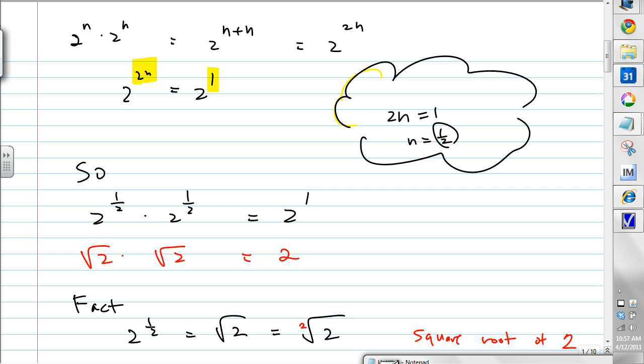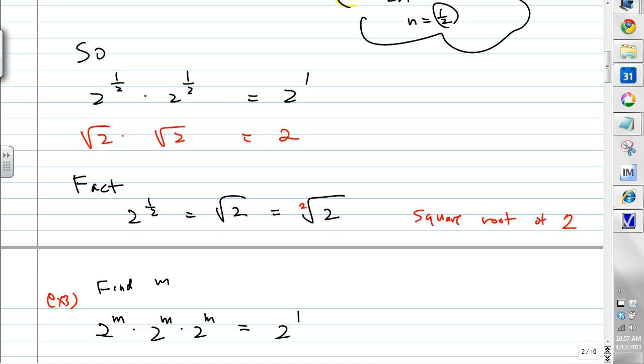Okay, go ahead and try example 3. Now this is kind of similar to what we just did. Instead of 2 factors, I have 3. 2 to the m, 2 to the m, 2 to the m equals 2 to the first. How many people think they know what the value of m must be?